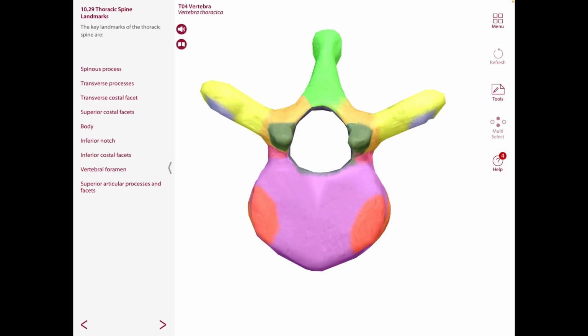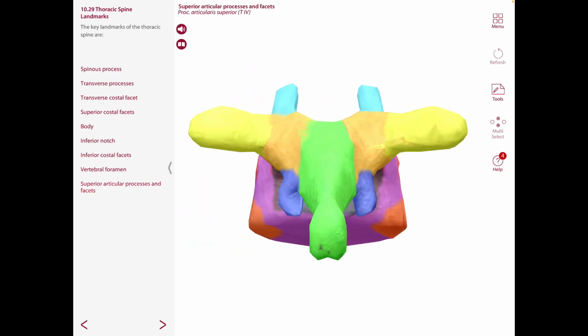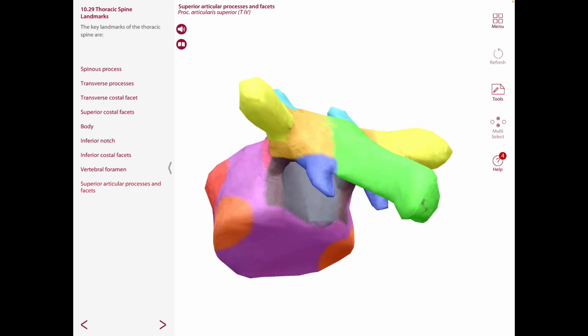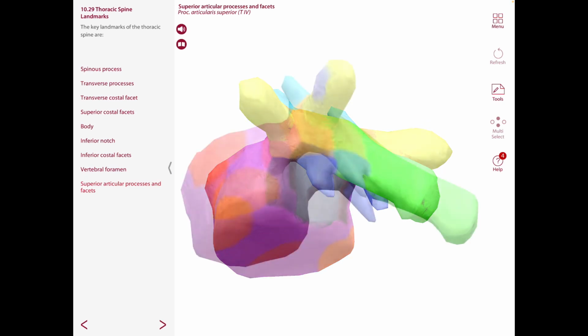In the thoracic vertebrae, there are two facets: a superior articular facet and an inferior articular facet. The superior articular facet faces posteriorly and slightly superiorly and laterally. Meanwhile, the inferior articular facet faces anteriorly and slightly inferiorly and medially.